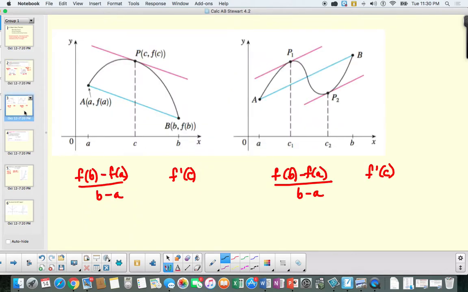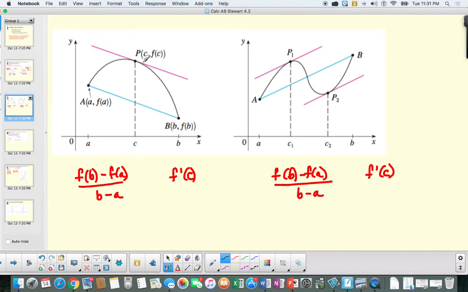Okay, let's take a look at the graphical interpretation. Here, this is not what we just saw before. Notice the f(a) and the f(b) are not equal to each other, but that's okay. We can still find a slope between these two points. And once we find the slope, we're going to be able to find an instantaneous rate of change that is equal to this slope.